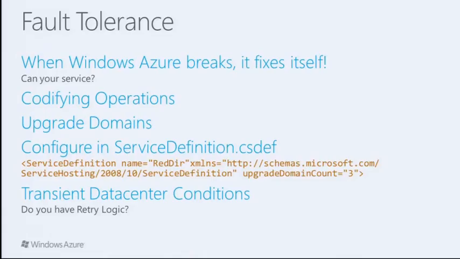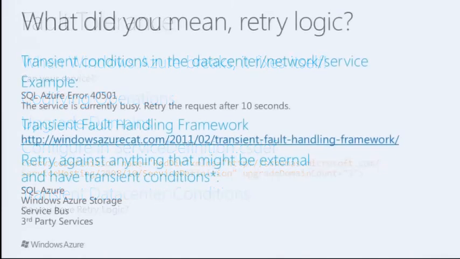And the final thing on fault tolerance is around what we call transient data center conditions. My simple statement there is, do you have retry logic? So let's dig into this. What do you mean, retry logic? Well, sometimes things don't work the first time you access them. This could be SQL Azure, it could be table storage, it could be the service bus, it could be your third-party credit card processing service, it could be your third-party encryption service.